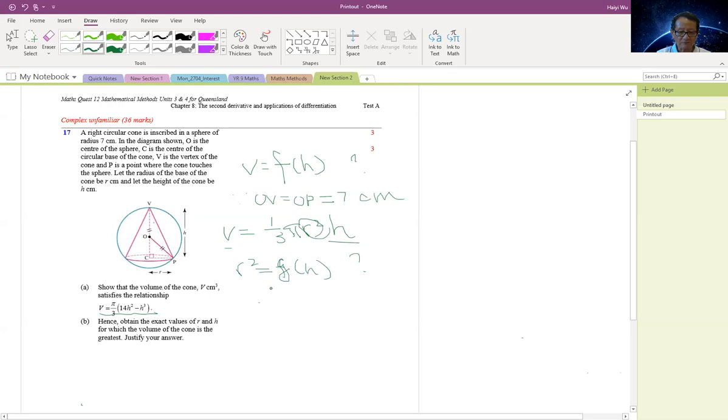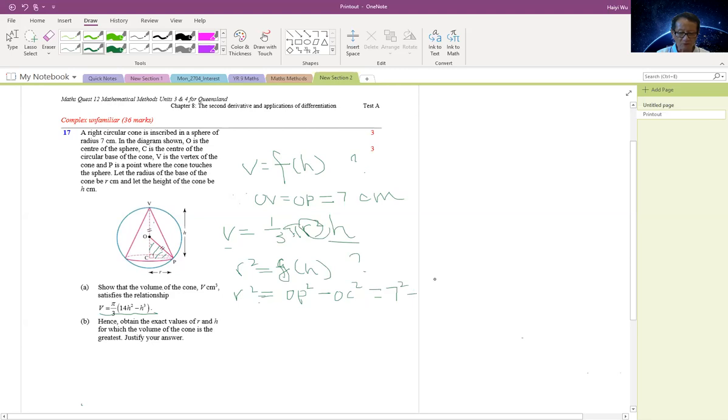So let's use this triangle here. This is a right angle triangle. In this triangle, r squared is OP squared minus OC squared, where OP is the hypotenuse. OP is 7, so 7 squared.